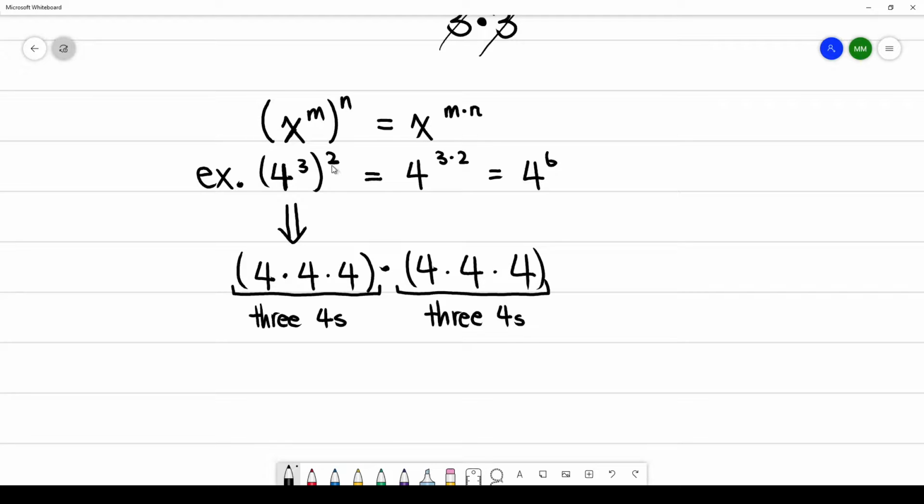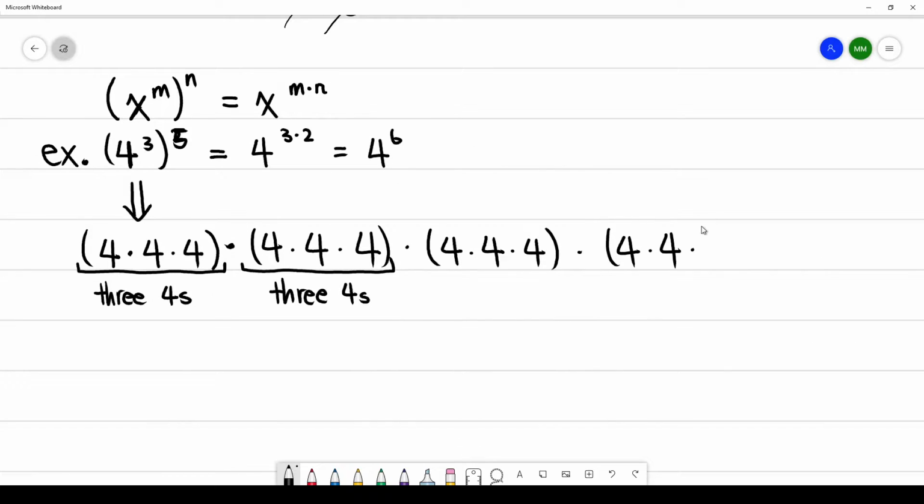So essentially, what this is saying is that you have n groups of x to the m. Here, there are 2 groups of 3 4's. If this is instead 5, then there will be 5 groups of these: 1, 2, 3, 4, 5.